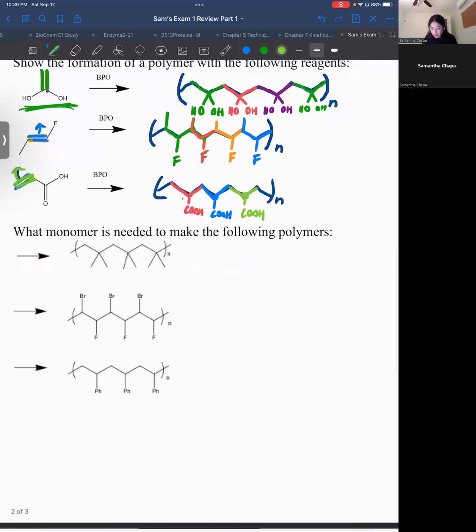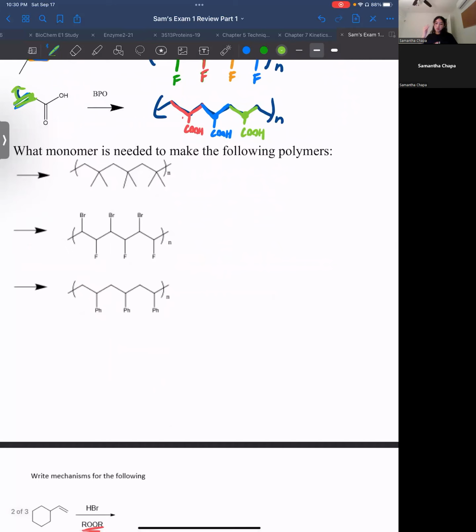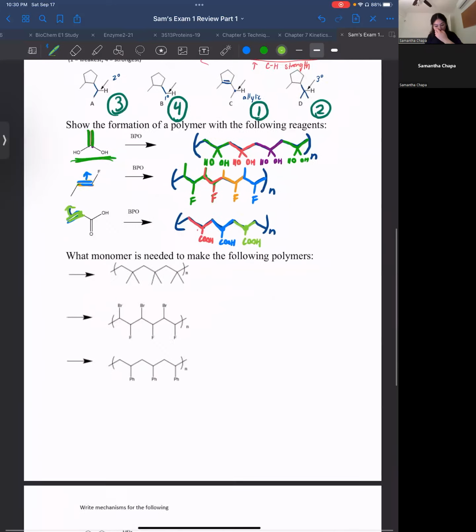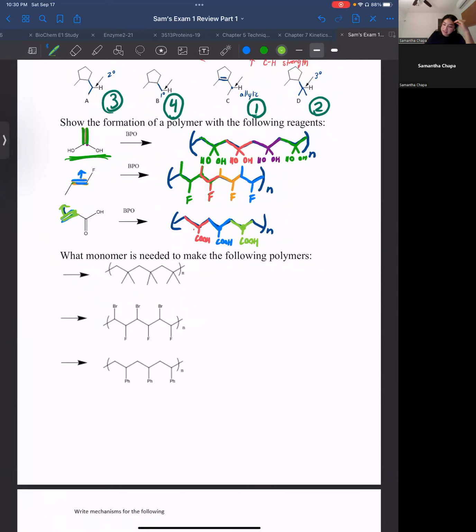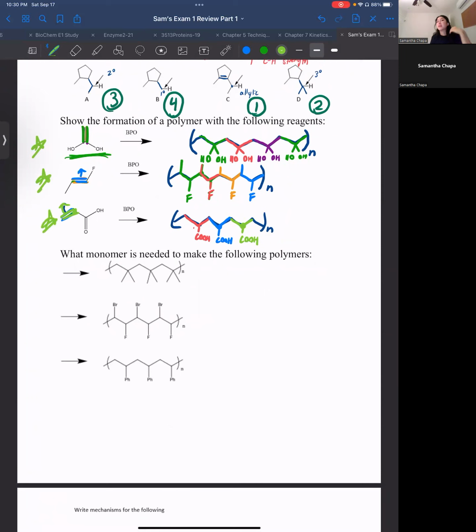Okay. Next ones. What monomer is needed to make the following polymers? If you got these down, you should be pretty good. So look at how this looks like these right here. That means you're going to have a monomer similar to this.